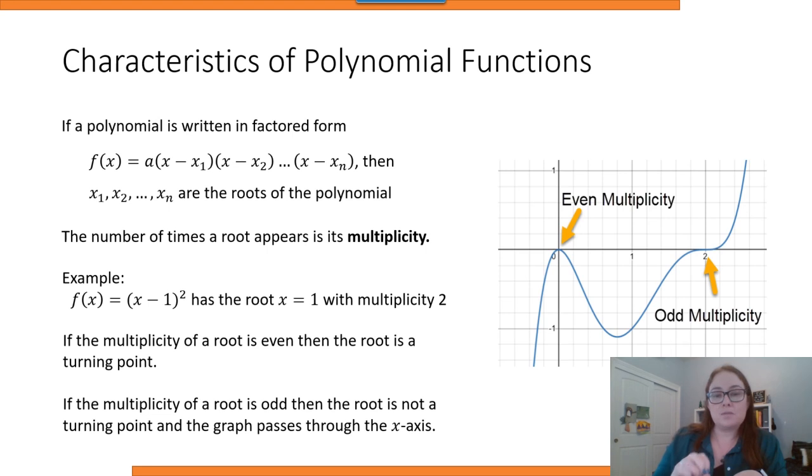If the multiplicity of the root is odd, then that means it's going to go through the x-axis and carry forward. So if it's going up to the right as it approaches the x-axis, it's going to continue going up to the right after it crosses the x-axis. So it kind of bounces back if the multiplicity is even, and it carries through the x-axis if it's odd. So just factoring and identifying the roots and their multiplicity gives us a wealth of information about the graph of a polynomial.